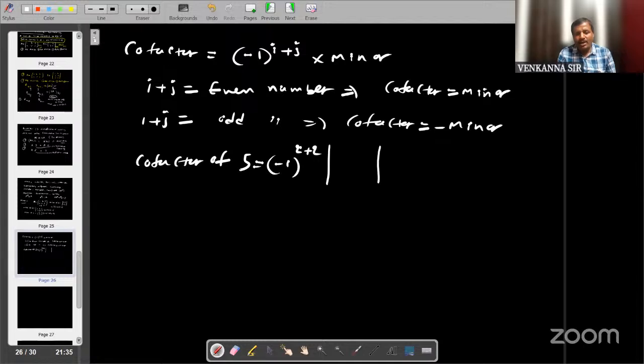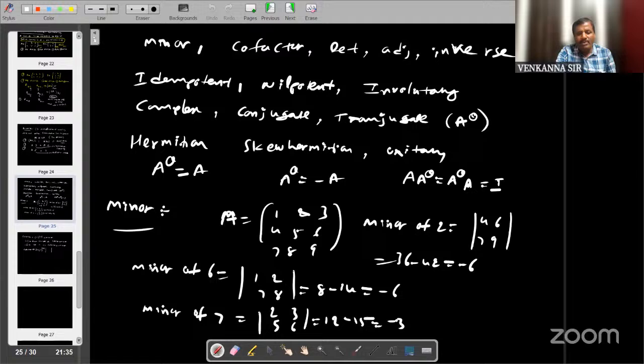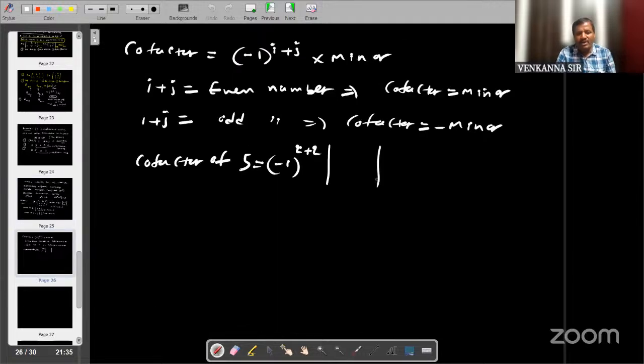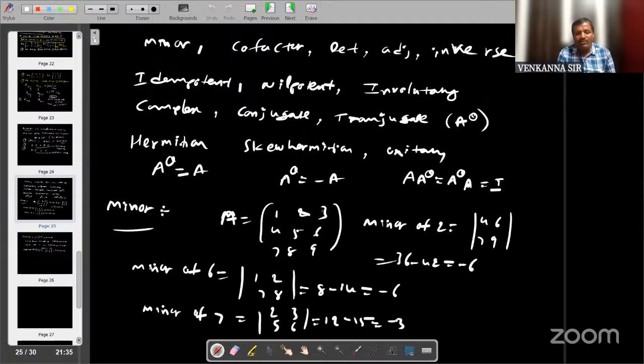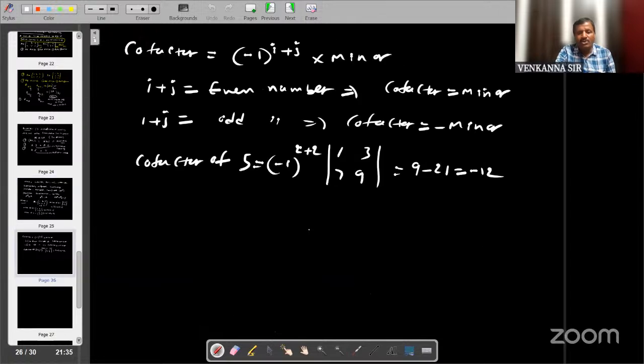Delete the row and column of that particular element, and the rest of the elements are 1, 3, 7, 9. This is positive. 9 minus 21, minus 12 is the cofactor of the 5. Like that you can calculate cofactor for all the 9 elements. That is about minor and cofactor.